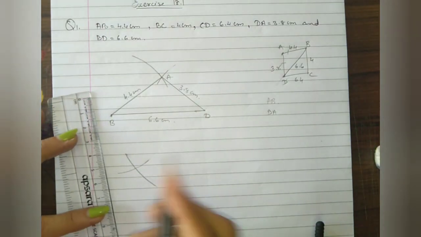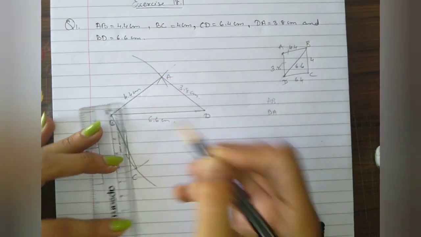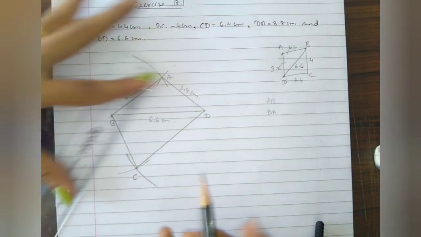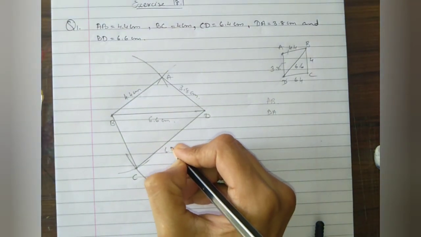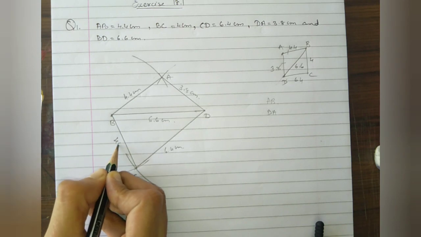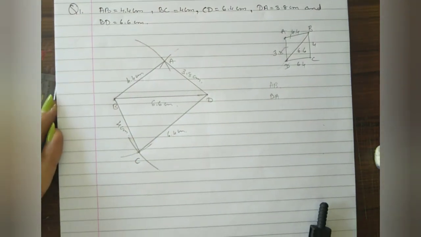Now join this C, BC and DC. Okay, so this is 6.4 cm and BC is 4 cm. That's enough.